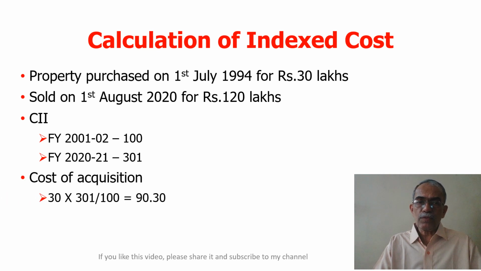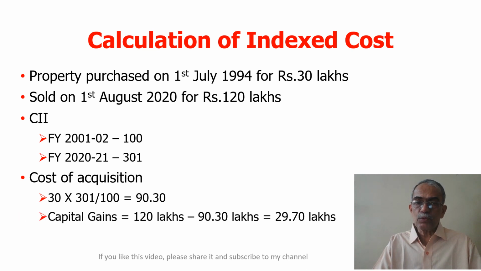So now the cost of acquisition would be 30 multiplied by 301 divided by 100. Why 100? Because the property was purchased prior to 1/4/2001, so I have to take the base year, that is 100. So here the cost of acquisition would work out to 90.30 lakhs. So capital gains would be 120 lakhs minus 90.30 lakhs, that's 29.70 lakhs.